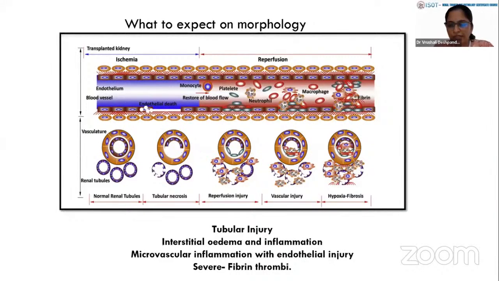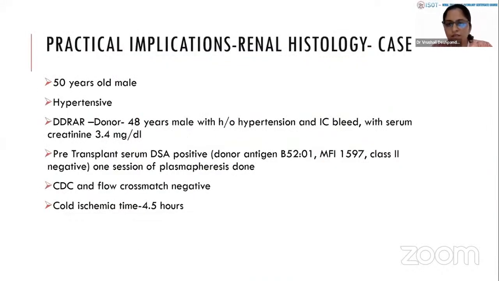So let us have a look at a small case discussion which we recently came across a few months back. This is a transplant biopsy of a 50-year-old male. The patient was hypertensive. He received a graft from a 48-year-old male with history of hypertension and ICH bleed. At the time of transplantation, the serum creatinine was 3.4 milligram per deciliter. At this point of time, we are expecting tubular injury in the allograft.